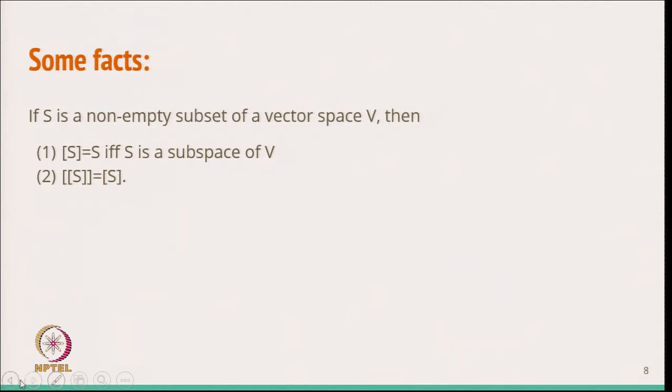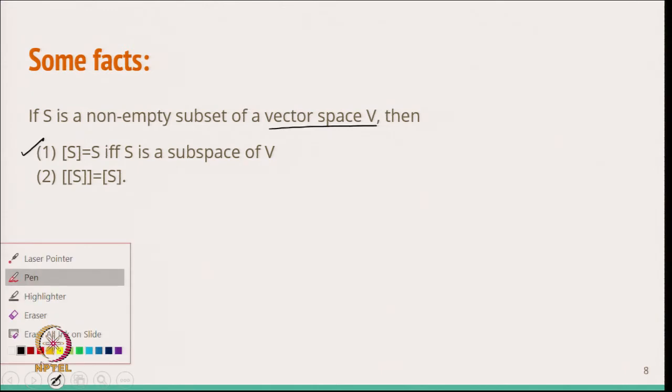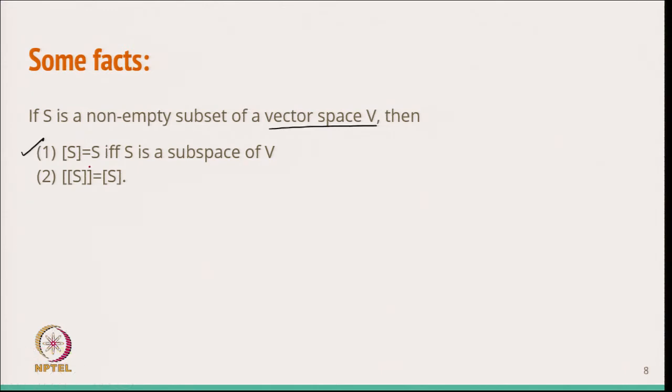Now, we want to discuss some facts. If S is a non-empty subset of the vector space V, then the first property is that the span of S is equal to S if and only if S is itself a subspace of V. Till now we have taken only S as a subset of the vector space, but now what will happen if S is a subspace of V, and then I take the span of that one?